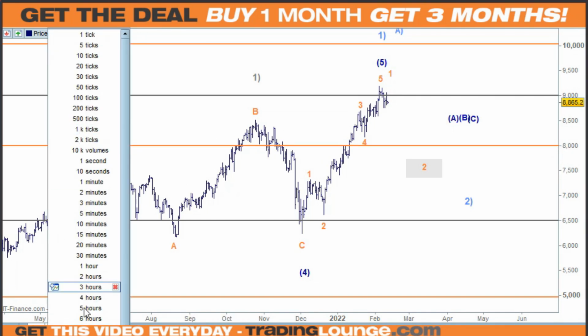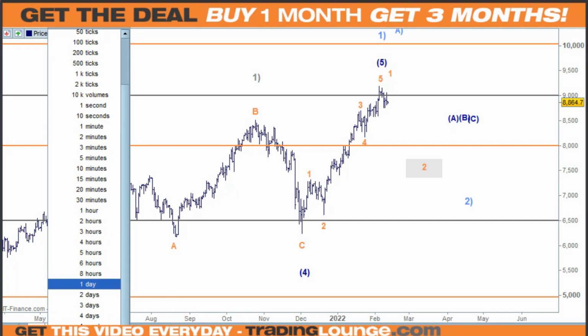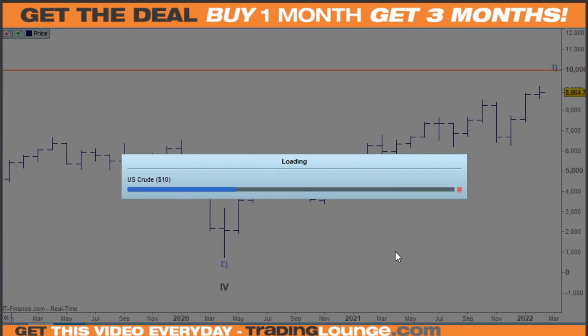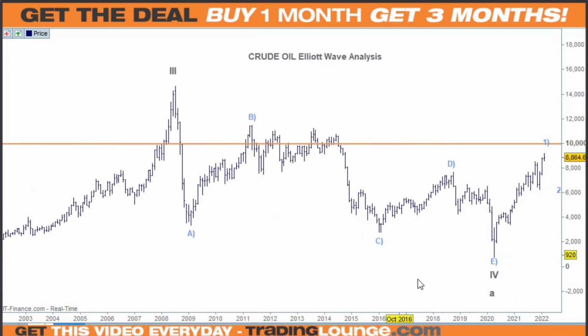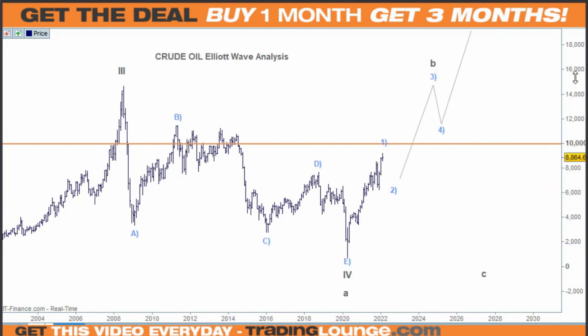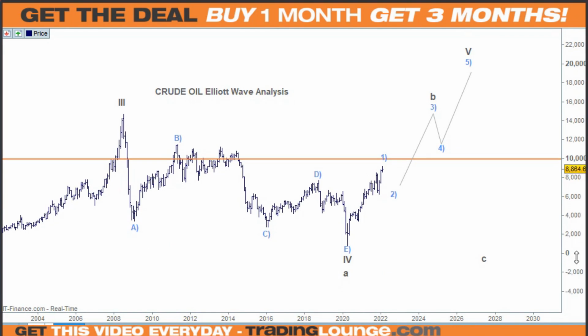So when we go back and have a look at this monthly chart, like we've talked about before, we've got this odd wave count down here for wave 4, but there are other markets that are like this as well.